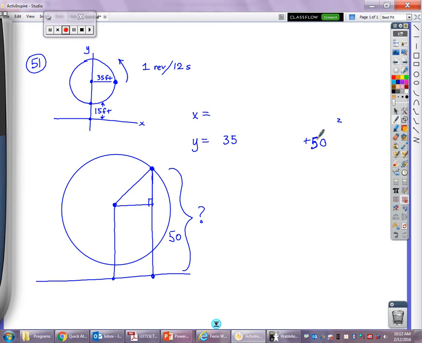Okay, what's this piece? Keep in mind that this is 35, and this is some angle. What will that piece be? How do we find that? If this is an angle theta, what is this piece? It's 35 sine theta, right?